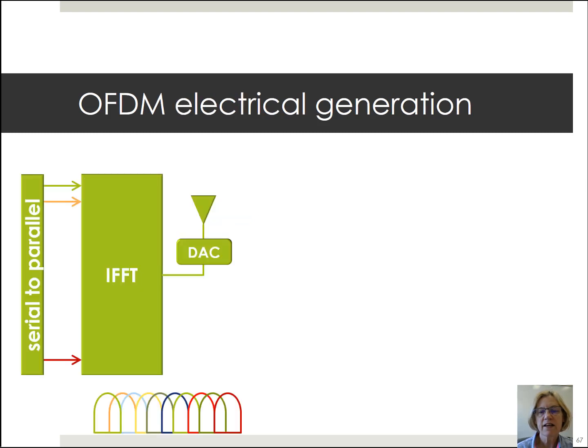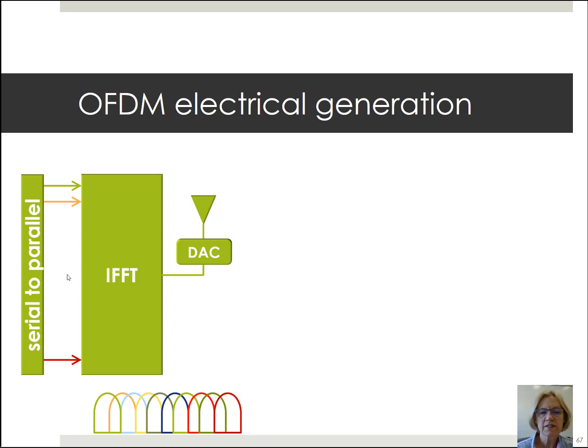So as I said, OFDM generation in the electrical domain is very similar to what we saw previously for the wireless. And just to remind you, we do a serial to parallel conversion of the symbols to be transmitted, and each one of these symbols is assigned to a frequency, a nominal frequency. The way we generate them is to go through an IFFT, an inverse fast Fourier transform.